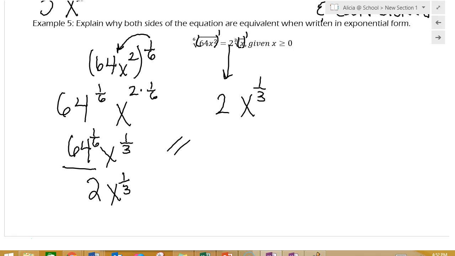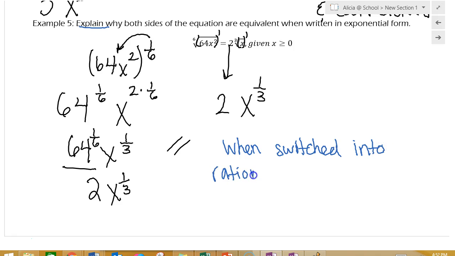So, explaining why, don't forget that part, right? It's in the directions. It says explain why. So, when switched into rational exponent form, right? That's what we did. We changed each radical into an exponent form.